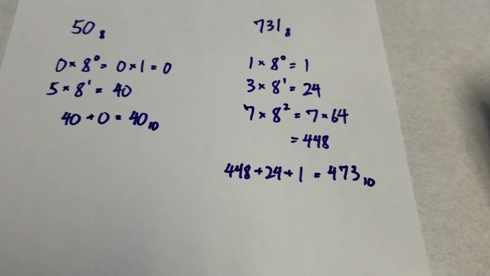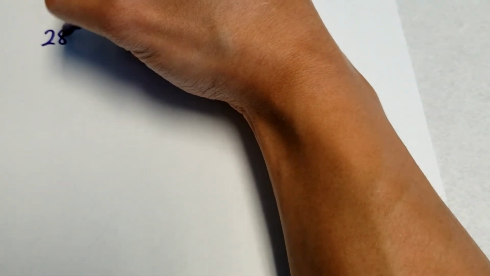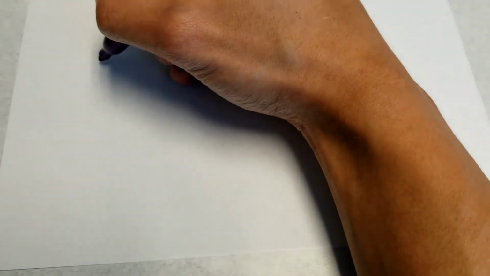All right, now let's try to go from base 10 back to base 8. Let's do 28 in base 10. So let's do some division. 28, and then we'll divide it by 8.